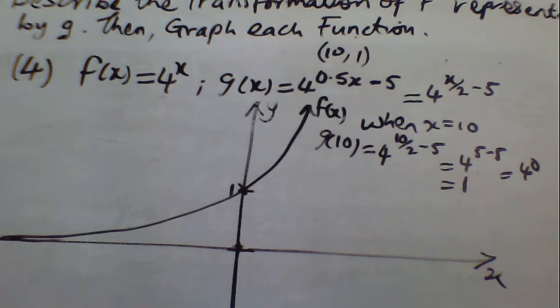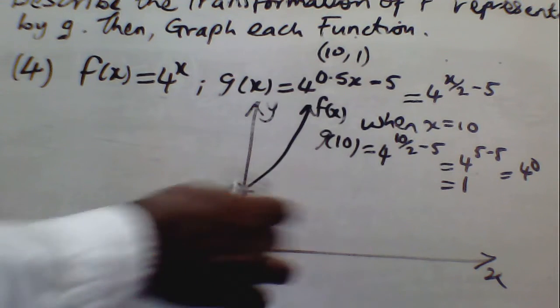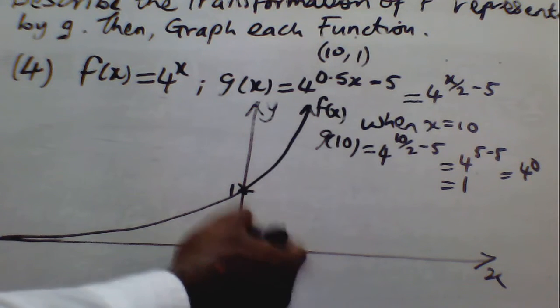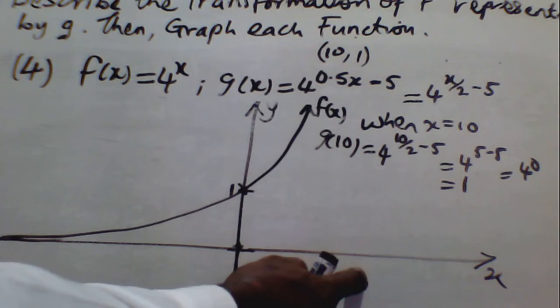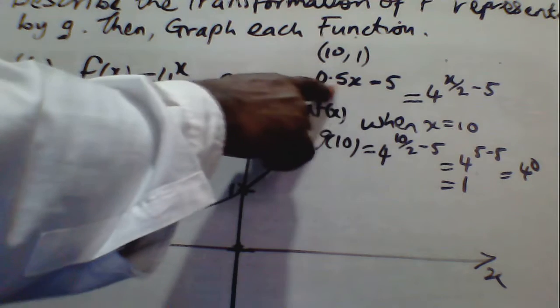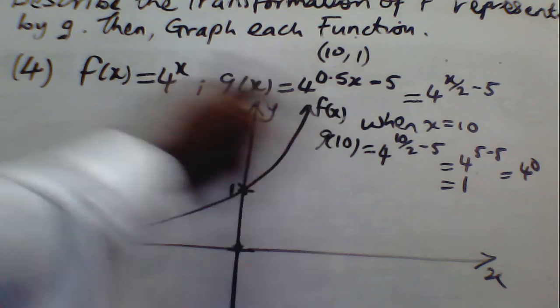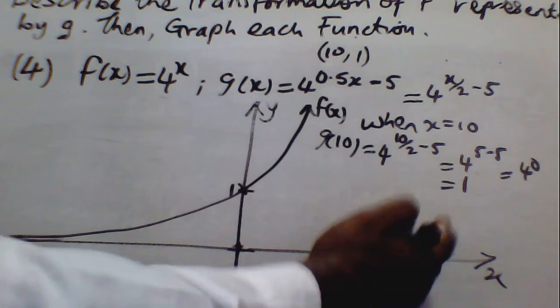Mind you, after your description of a translation, as long as there are any changes in the parent function, the movement of g with respect to the parent doesn't really start from 5 because of this stretch or shrink attached to the parent. Those values, if you use a table of values, will definitely affect changes not exactly at 5.